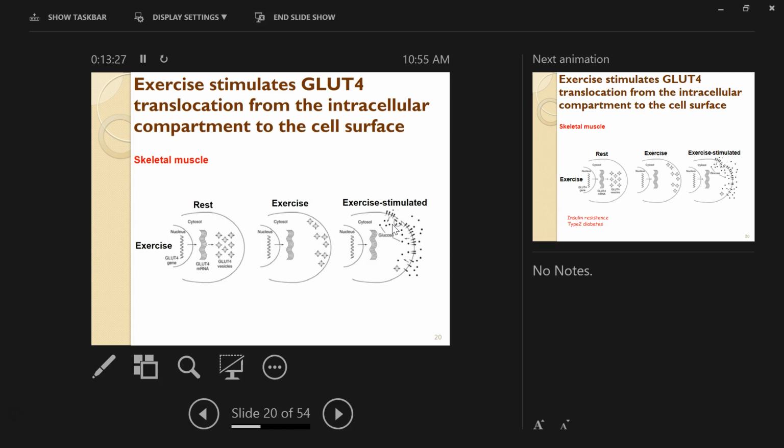So insulin cannot function well. And because exercise can stimulate GLUT4 translocation and glucose uptake independent of insulin, even if your insulin system doesn't work, by doing exercise you can still stimulate GLUT4 translocation and glucose uptake into the muscle, right? So exercise will work for the type 2 diabetic patient to reduce the blood glucose level.